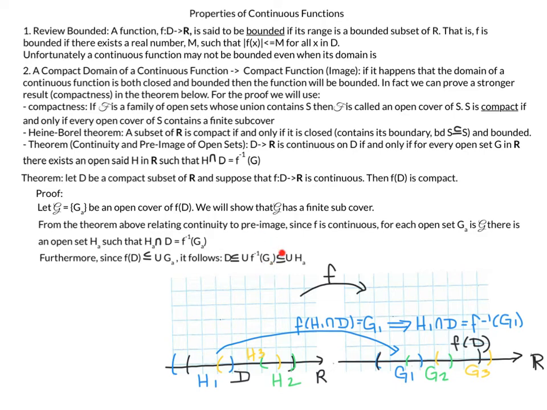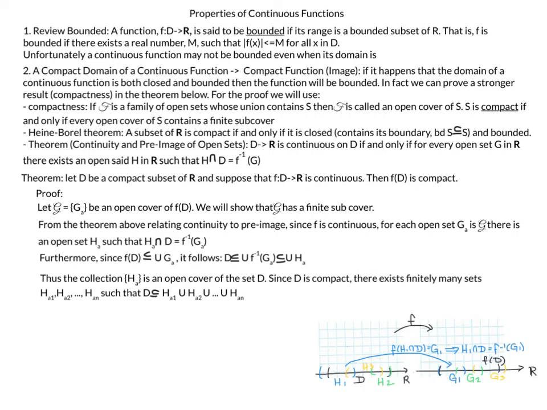And another way, instead of saying the pre-image of G1, we could just say H1, and instead of G2, we could say H2. So this could just be replaced with the union of HA. Thus, the collection HA is an open cover for the set D, because D is contained in the union of the HA, right here. By this statement, that's exactly the definition of an open cover.